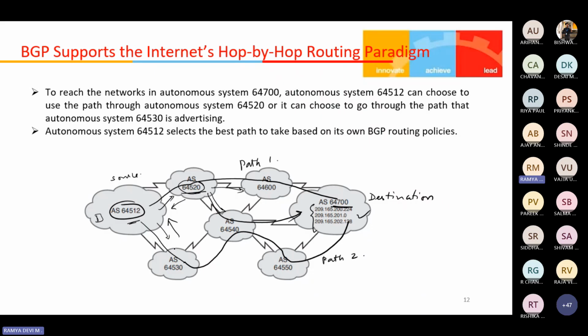So it will choose the path to forward the packets. The receiving side can receive the packets from both the ends, but the forwarding side will be deciding in which way it has to forward the packets. Fine.